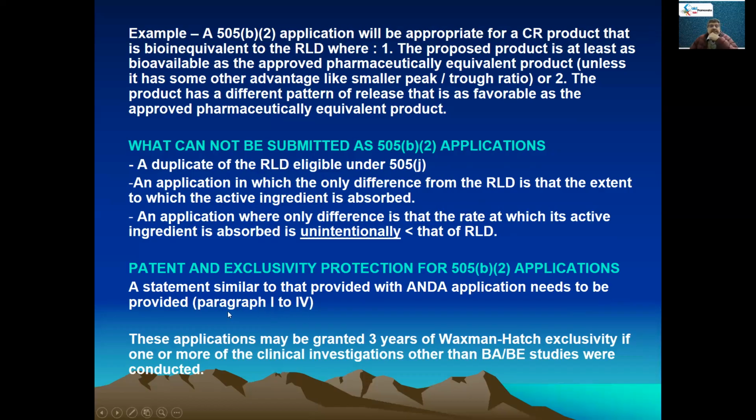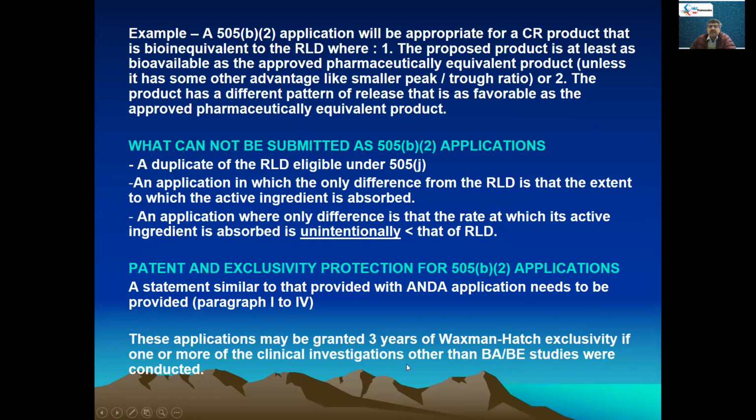We will discuss these paragraph 1 to 4 in our class related to abbreviated new drug applications. These 505(b)(2) applications may be granted 3 years of Waxman-Hatch exclusivity if one or more of the clinical investigations other than bioavailability and bioequivalence studies were conducted.